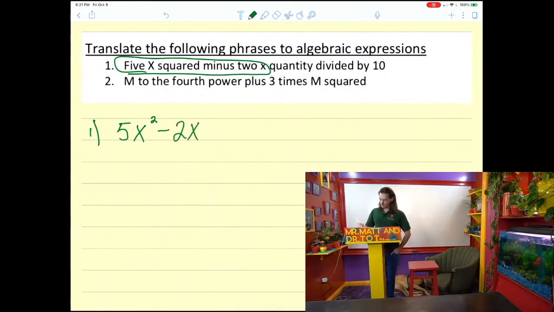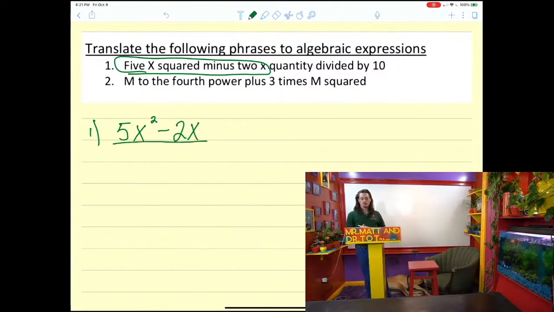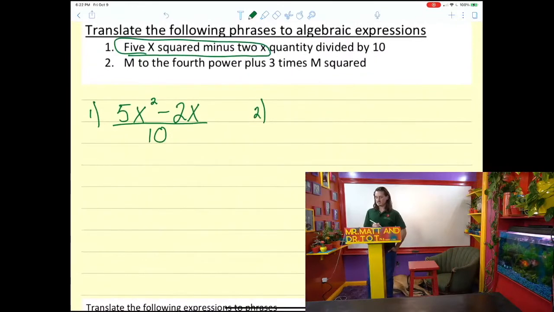Number 2, m to the 4th power plus 3 times m squared. So m to the 4th power would be m raised to the 4th power plus 3 times m squared. Notice how it doesn't say quantity times m squared.